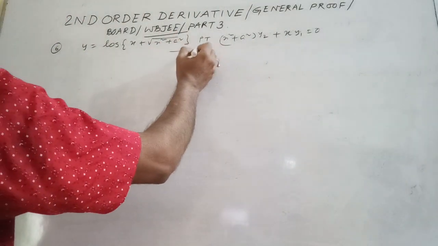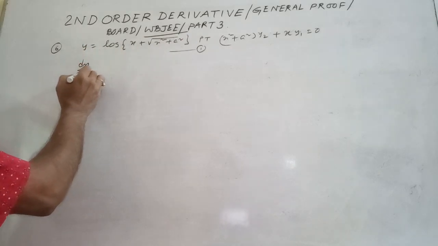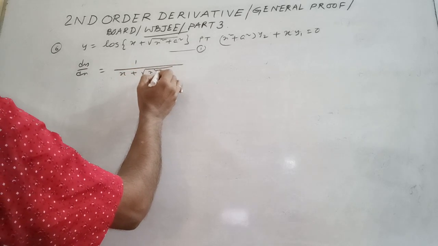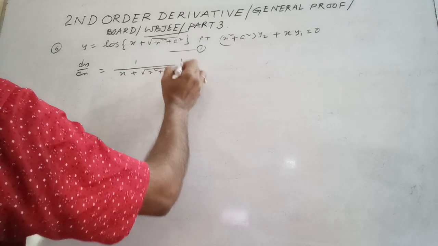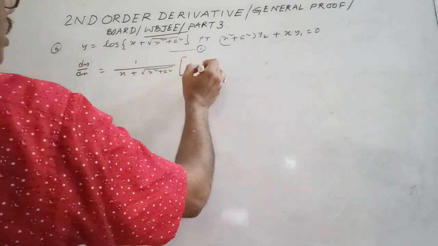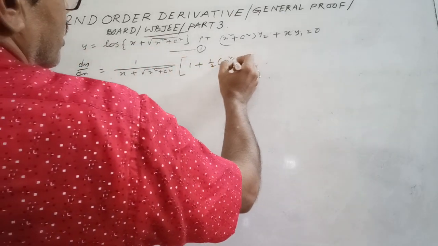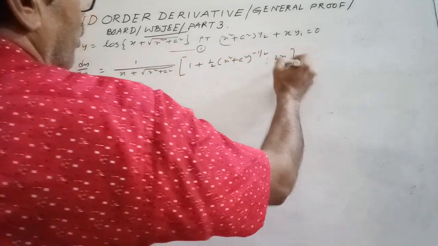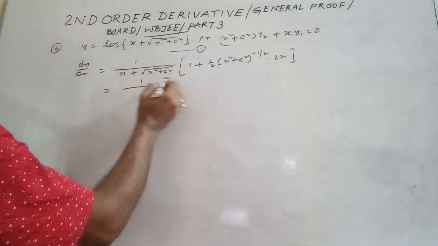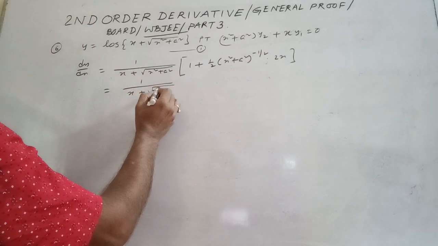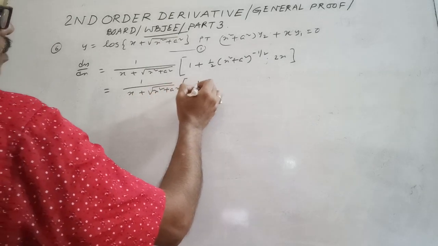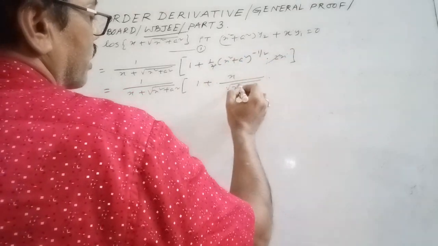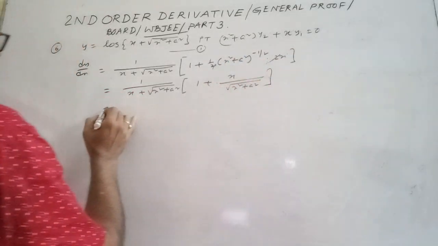So this is 1. So what is dy dx? Function is log. So 1 by x plus root under, and you have differentiated many times. Derivative of x is 1. x square plus a square will become 1 by 2 root into 2x. So then try to simplify it. x by root over x square plus a square.